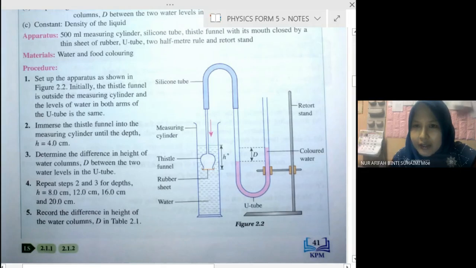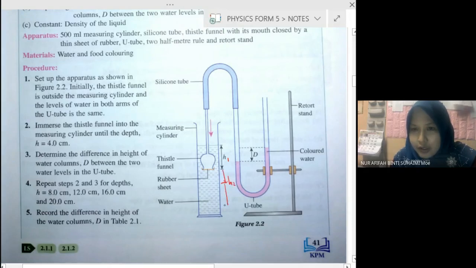This height we want to change. Okay, this one we change the height. This one maybe h1 and then h2, deeper and deeper lah. h1 first and then from surface of water to the next level is h2 and h3.